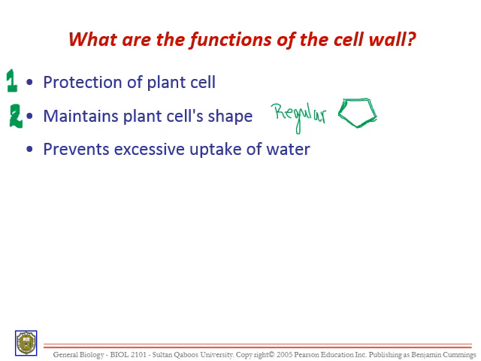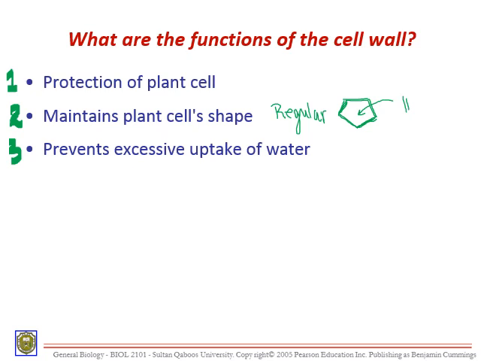All right. And the third function of the cell wall is it prevents excessive uptake of water. Okay, so water cannot enter excessively into the plant cell. Of course, it can enter.